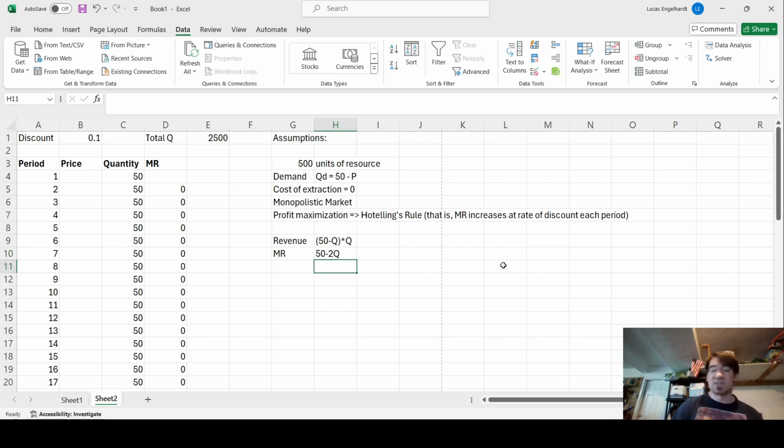All you do for that is take the derivative of the revenue with respect to quantity. So that's our marginal revenue: 50 minus 2Q.